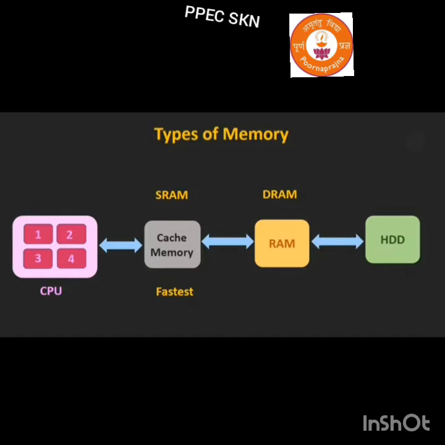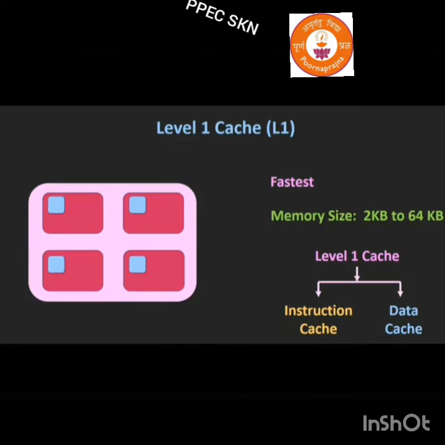Now let's see in detail what the different types of cache memories are. The first one is level 1 cache, or L1 cache. This is a tiny amount of memory inside the CPU itself. That means it is integrated inside the CPU, so it can operate at the same speed as the CPU.